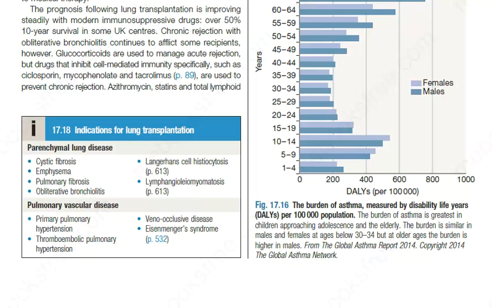For parenchymal lung disease, the indications for lung transplantation are cystic fibrosis, emphysema, pulmonary fibrosis, obliterative bronchiolitis, Langerhans cell histiocytosis, and lymphangioleiomyomatosis. Pulmonary vascular disease includes primary pulmonary hypertension, thromboembolic pulmonary hypertension, veno-occlusive disease, and Eisenmenger syndrome.